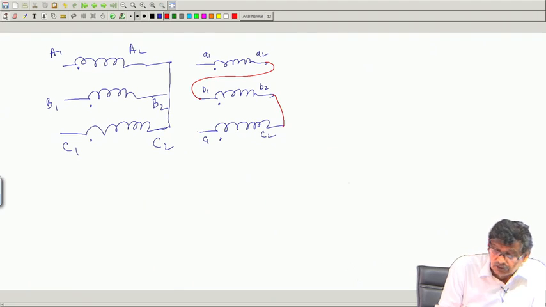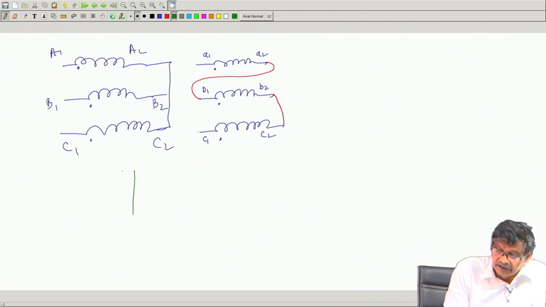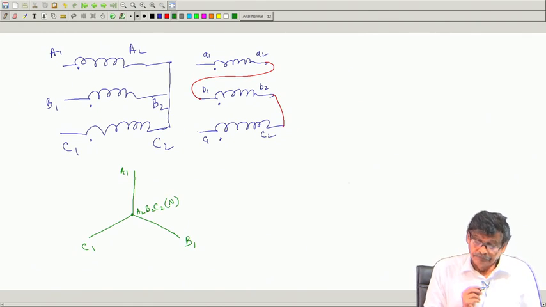Let us see. So, primary is this. Primary voltages are A1, B1 and C1. This point is A2, B2, C2. This is the neutral, fine.